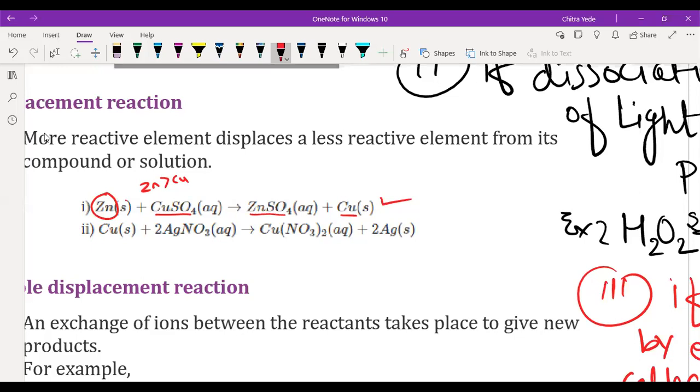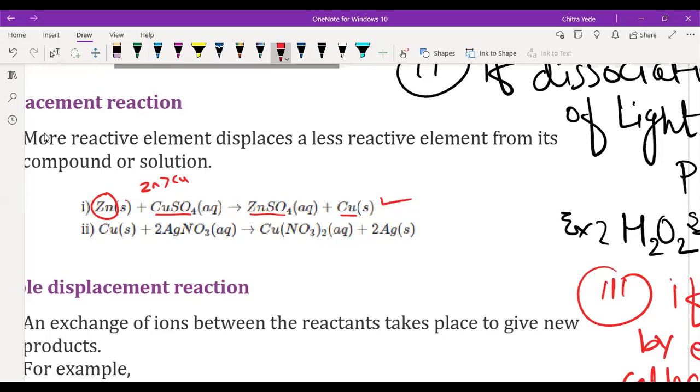Elements at the top are more reactive, in the middle medium reactive, and at the bottom we have gold, platinum, silver, which are very less reactive. We will understand all reactivity on the basis of the reactivity series, don't worry about it.